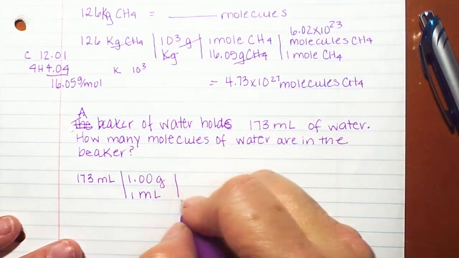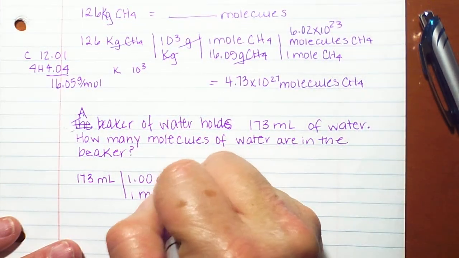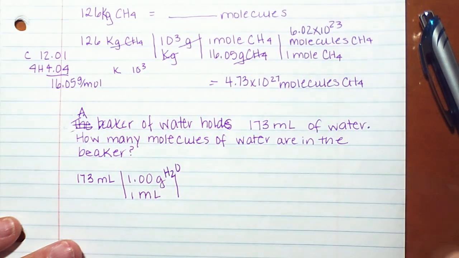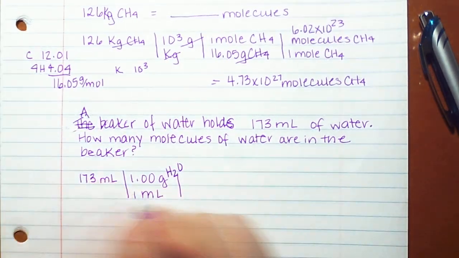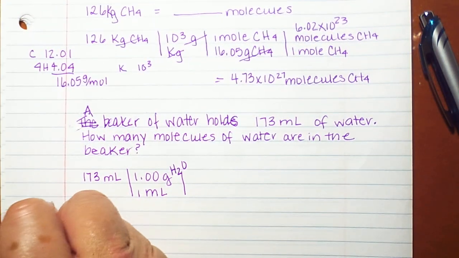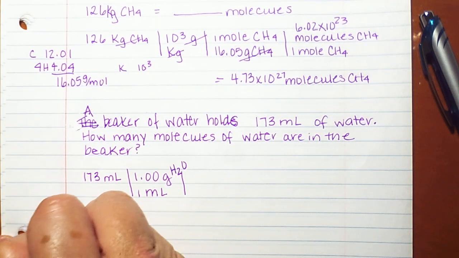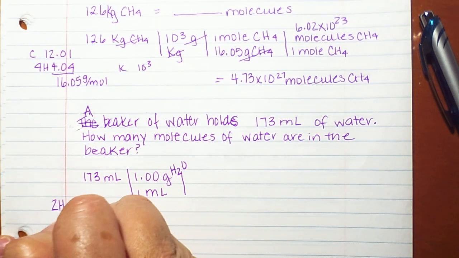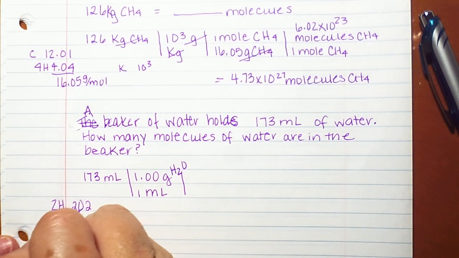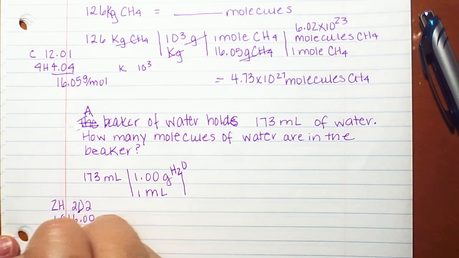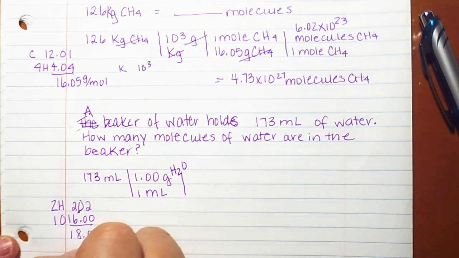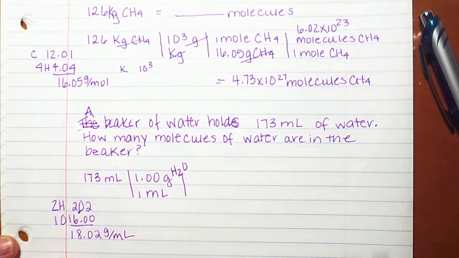Okay, then that gives, now we're in grams of water. So now I can just keep going. So I need the mass of water. So 2 hydrogens is 2.02, and then 1 oxygen is 16. So that adds up to 18.02 grams per mole. That's the molar mass.